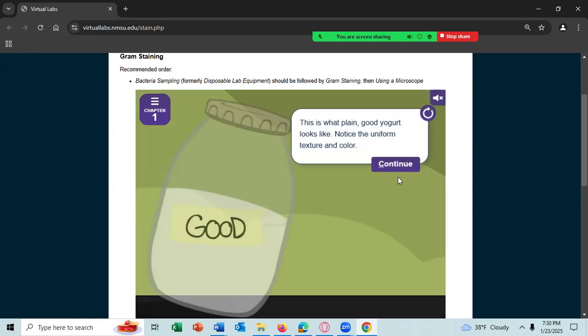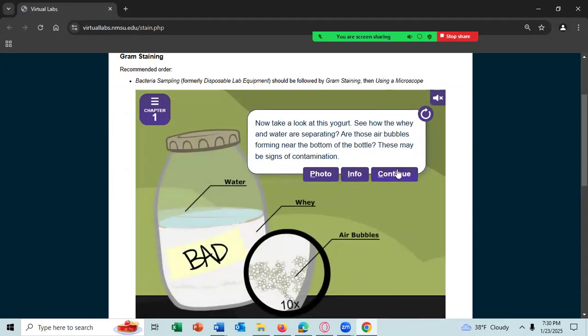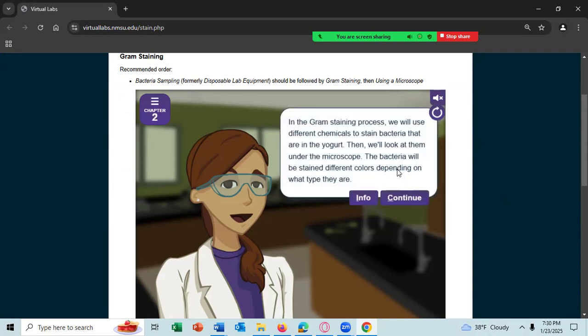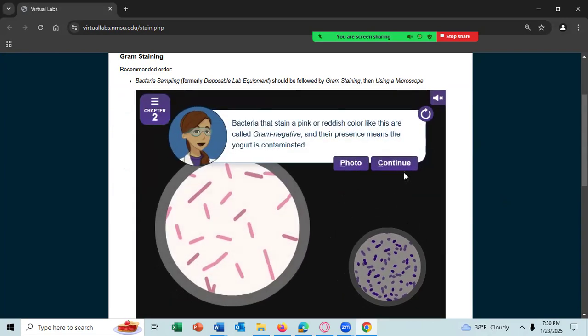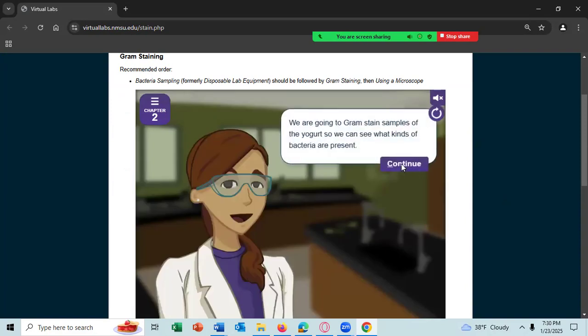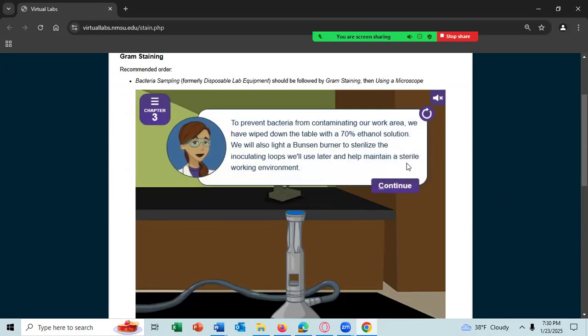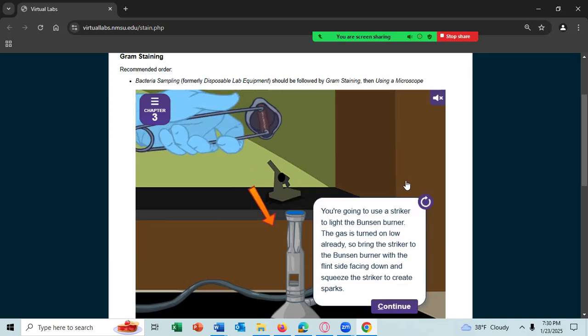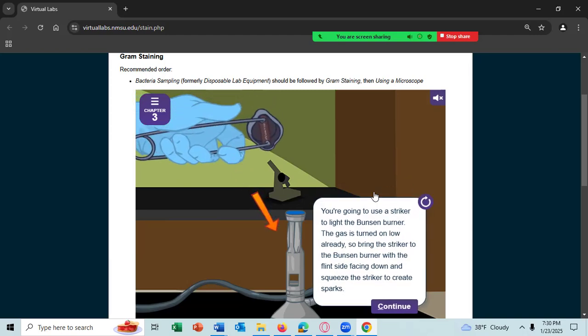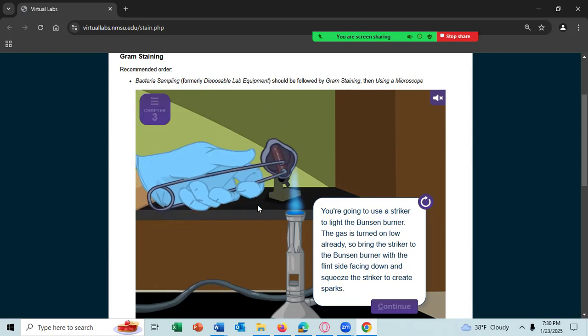You need to go through the procedure here. I'm only going to go through the gram stain. So in this virtual lab, wherever you have the arrow, you need to pull this down to here and follow the arrow.